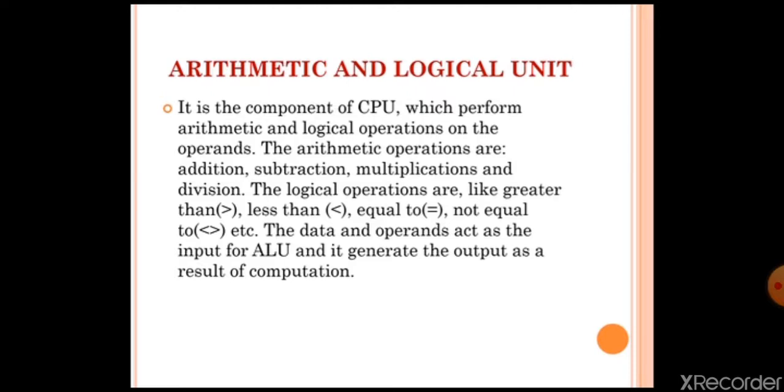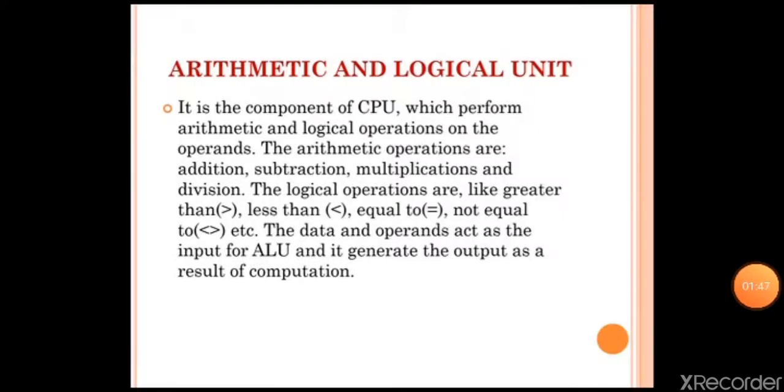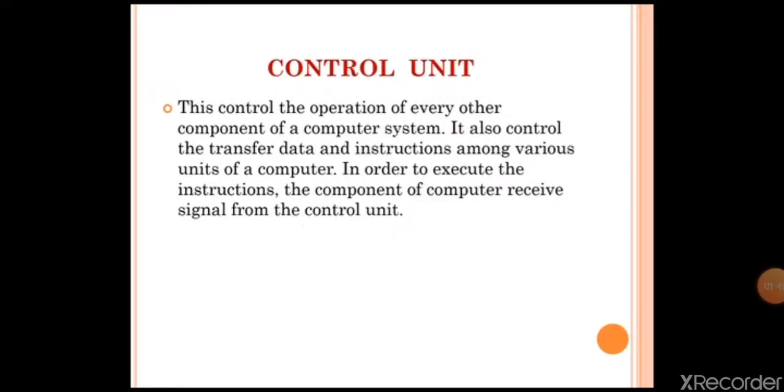The logical operations are greater than, less than, equal to, not equal to. The data and the operands act as input for the ALU and it generates the output as a result of computation.